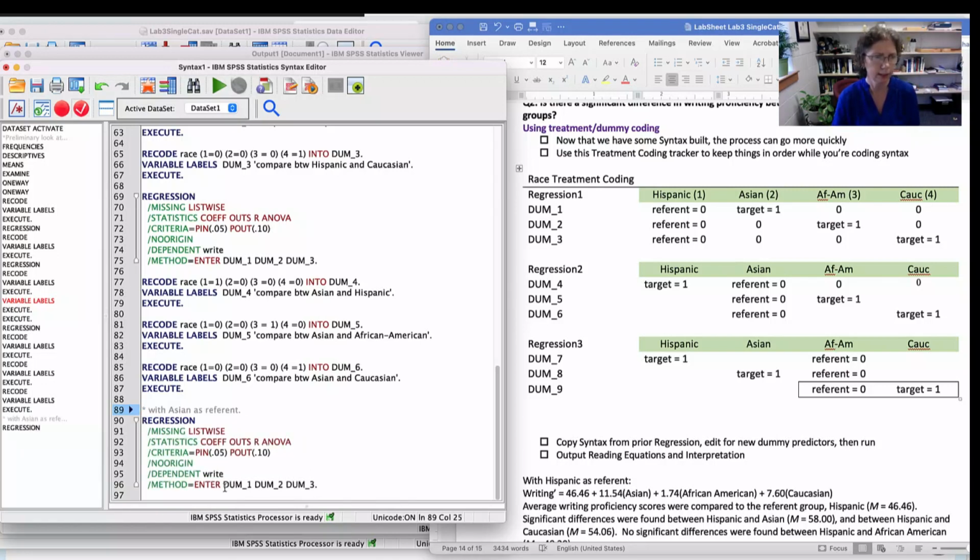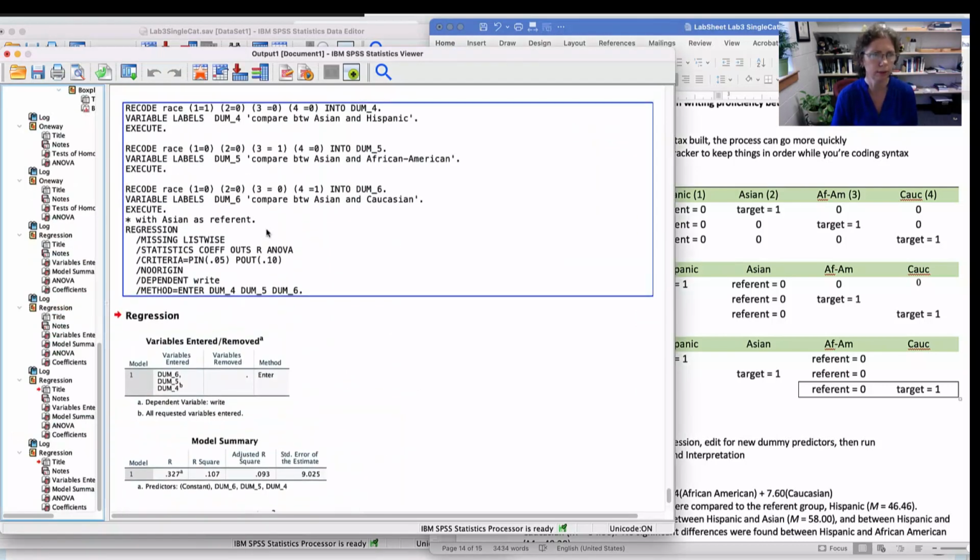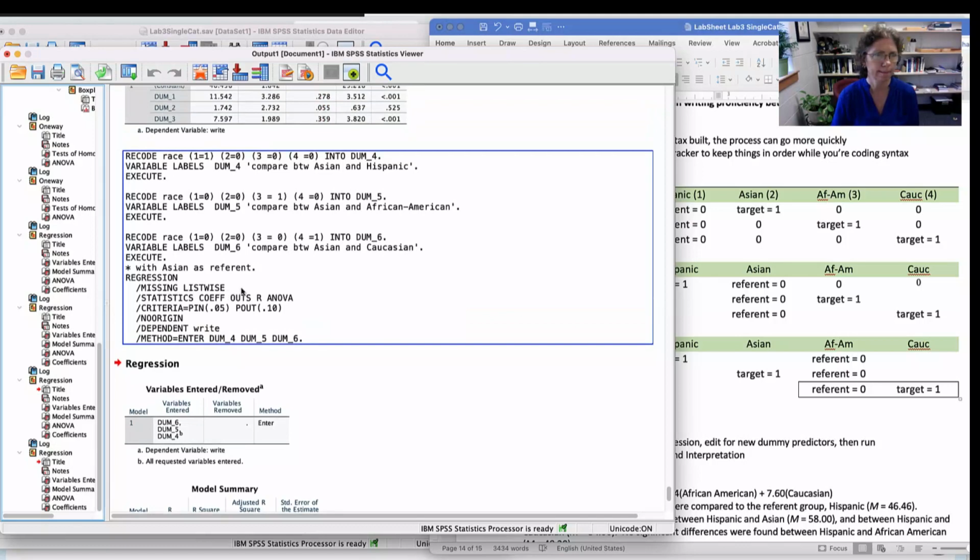Put a period at the end, and now this is going to be DUM4, 5, and 6. And that's ready to run. If you select your notes as you're running, the notes will be in your output as well, if that's helpful, you know, to see your notes with the actual output. Right there.